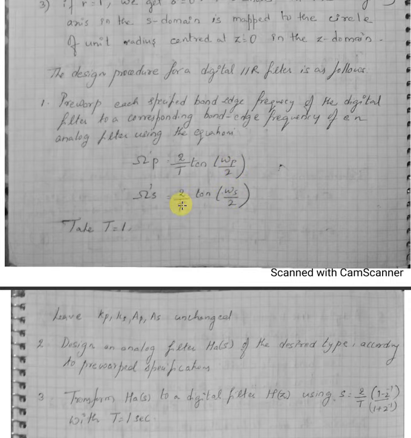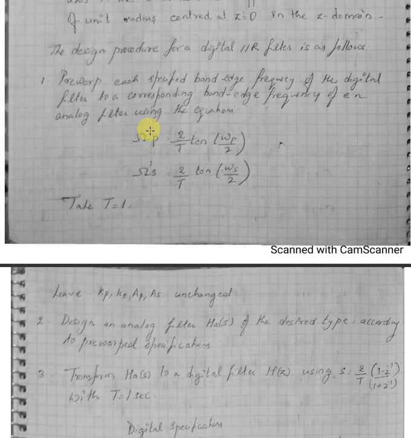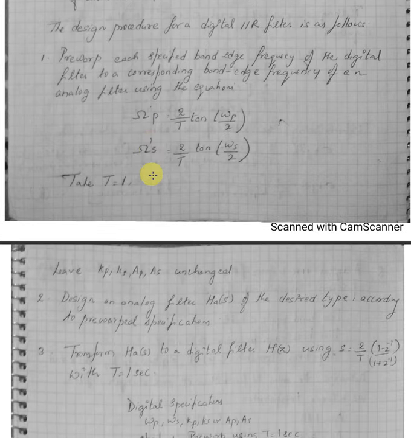Use that analog frequency and the value of attenuation to design the analog filter, get its transfer function, and convert that into the digital filter by substituting wherever s is there with the equation for the bilinear transformation. Clear? Hopefully it's fine. This is just the relationship they are showing here. We will see this when it comes to problems so that you don't get confused.